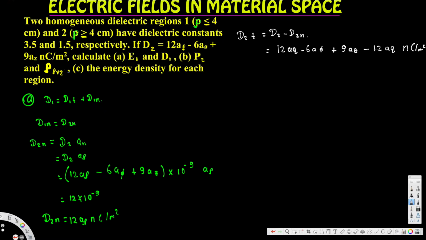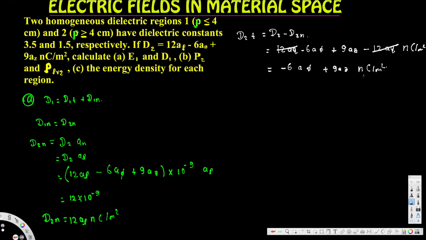If you subtract, this 12 and this 12 will go away because this is plus, this minus. So we will end up with minus 6 A phi plus 9 AZ, and that is nanocoulombs per meter square.